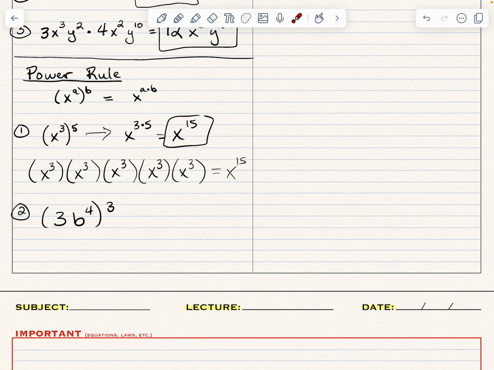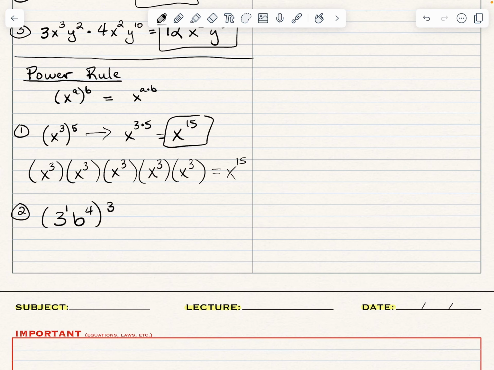It's not listed with the 3. But I want you to always remember that every number has an exponent. So there is an understood number that goes right here with the 3, even though it's not listed, and that understood number is 1. So this is like 3 to the 1st times b to the 4th, all of that raised to the 3rd power.